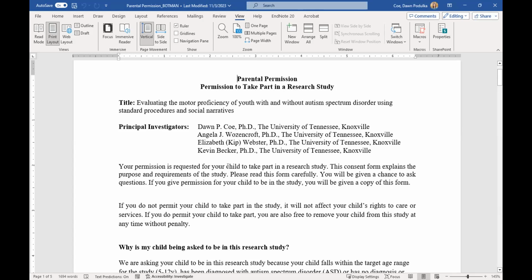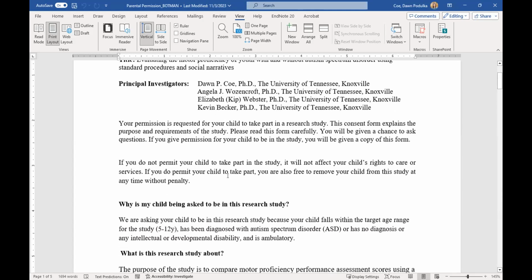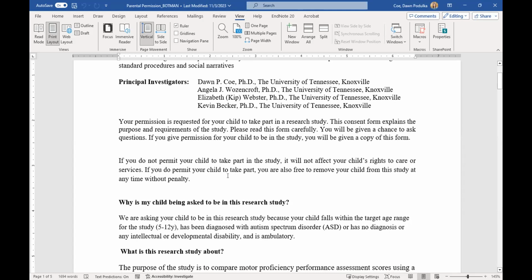So we provide information on wanting to have them be in the study and that they have to give their permission. If parents do not want the kids to be in the study, we let them know that it's not going to affect their rights or any care or services they receive.